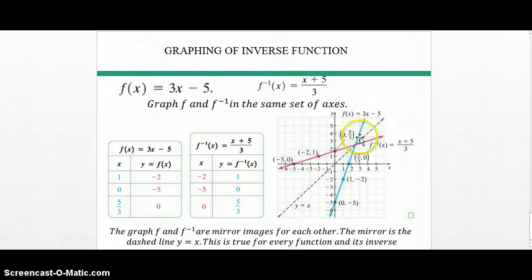This is the extra line we draw, because f and f inverse look like mirror images of each other. This dashed line is the mirror, and f and f inverse are mirror images. This is true for every function and its inverse function.